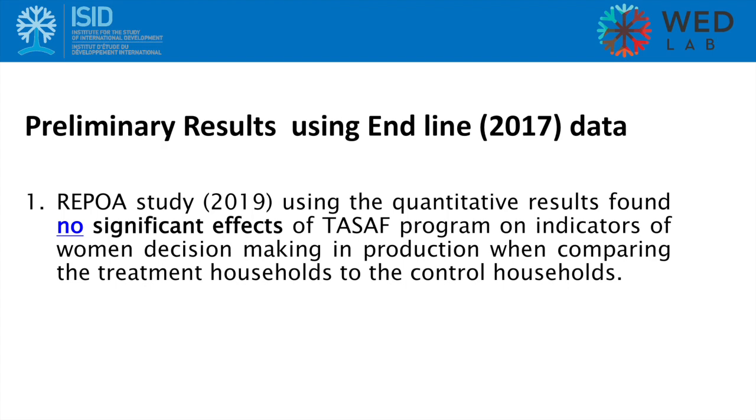What did they find? They find no significant effects of getting the TASAF programs on the decisions. What does that mean? The treatment women or treatment households do not claim a big difference from the control households, right? So statistically speaking, the difference is positive, but the difference is not significant.